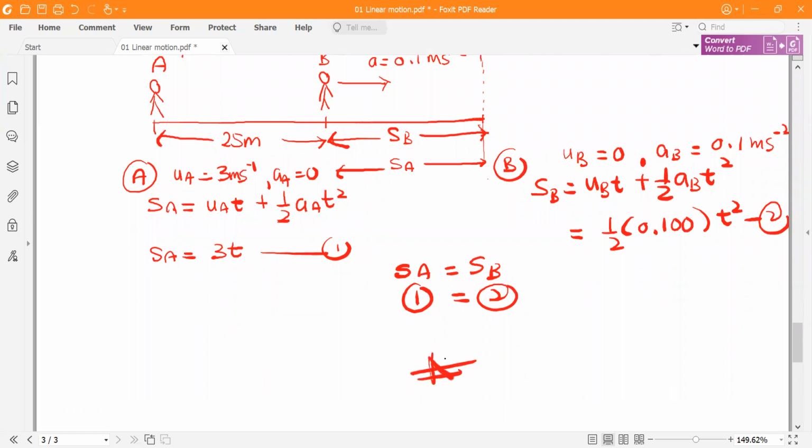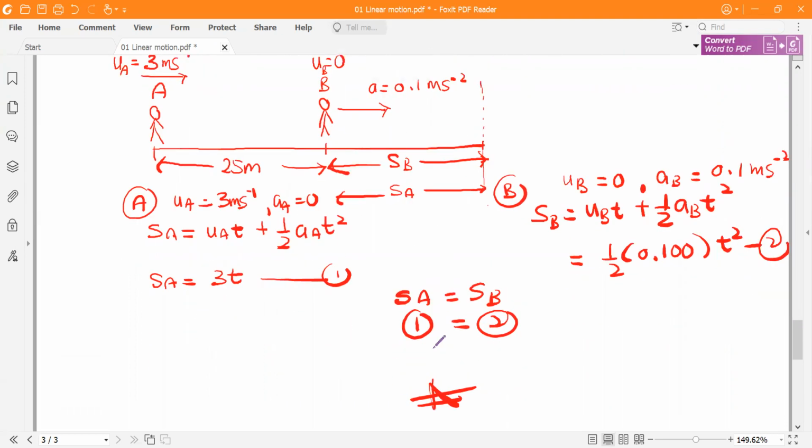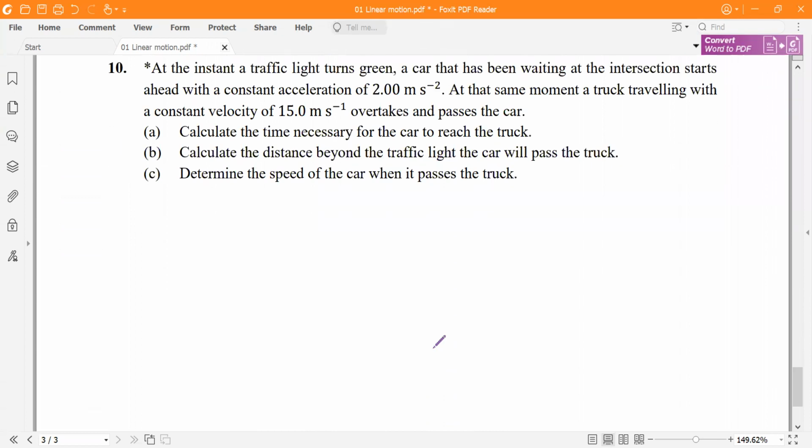That is for question 9. So the last question, question 10. If you understand question 9, it's the same concept, so I'll just give you a bit of an idea and then you figure it out. At the instant a traffic light turns green, a car that has been waiting at the intersection starts ahead with a constant acceleration.